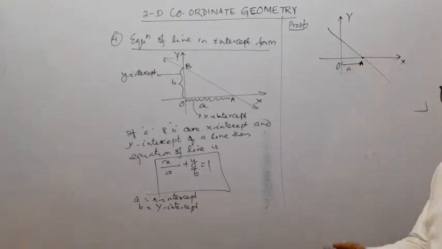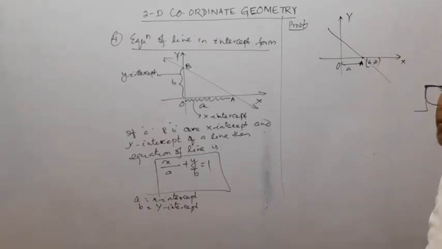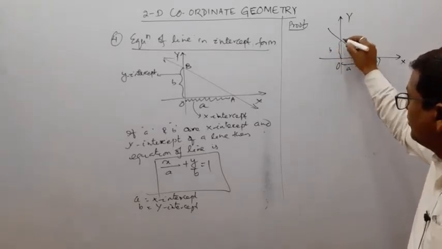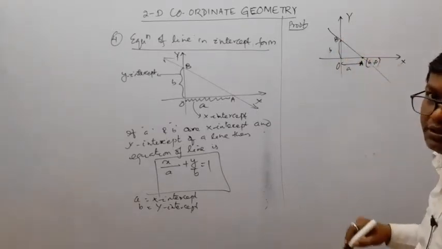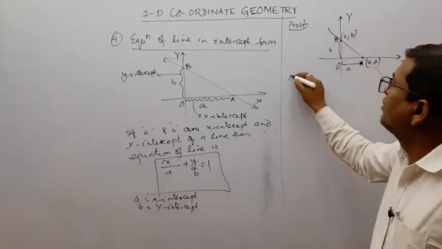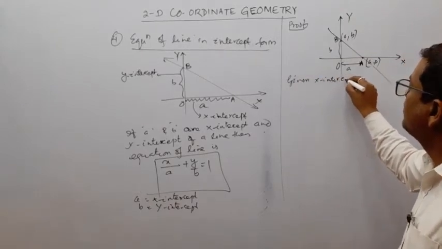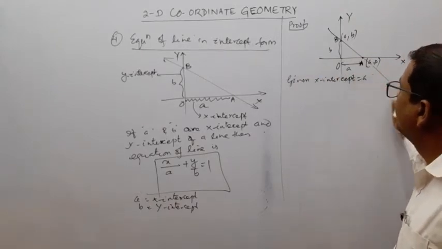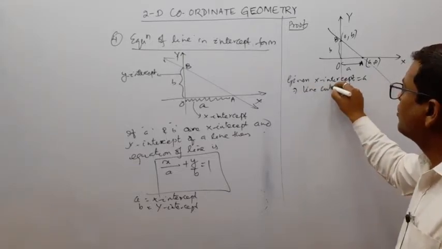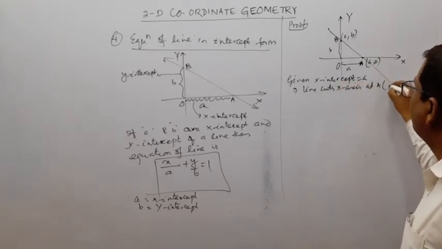A lies on the x-axis, so the point is A comma 0, because this length is A and this length is B. Suppose capital B is 0 comma B. Given x-intercept is equal to A, that implies line cuts x-axis at A of A comma 0.